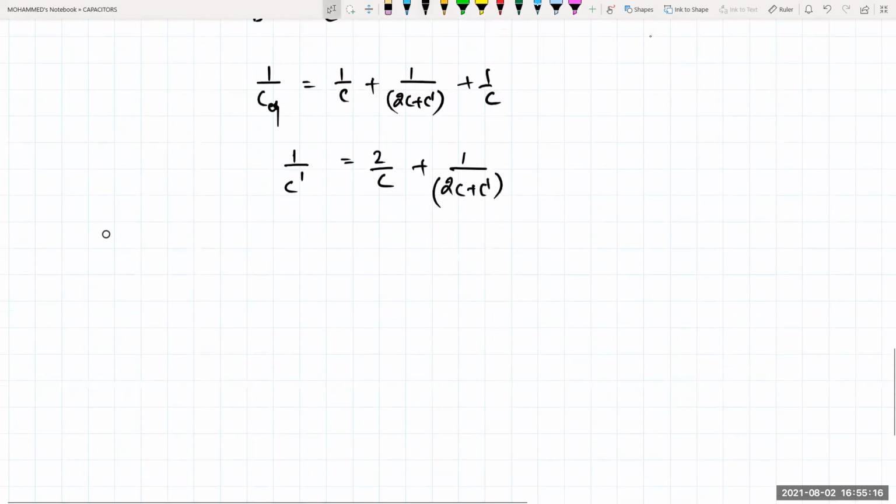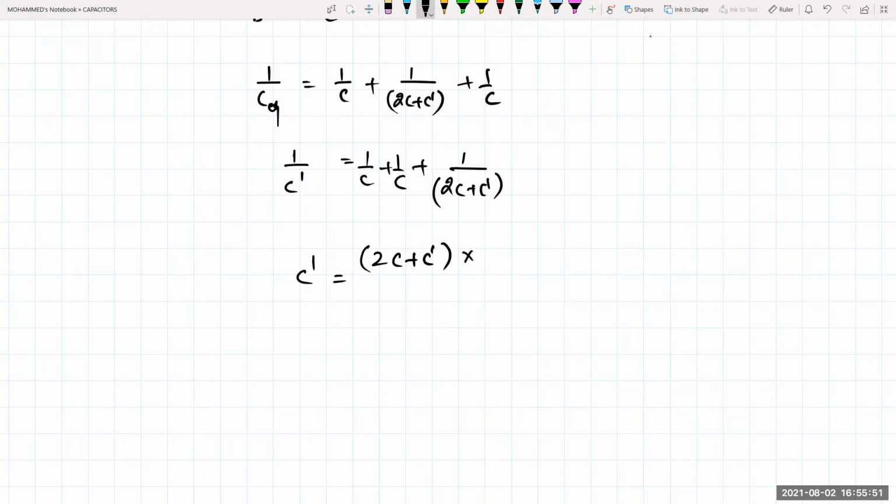So C dash, so C dash will become how much for me? 2C by, we can take it as 2 into 2C plus C dash plus C divided by C. I'll keep this one as it is, 1 by C only. 1 by C plus 1 by C, 1 by C. This will become 2C plus C dash into 2 plus C, divided by C into 2C plus C dash.